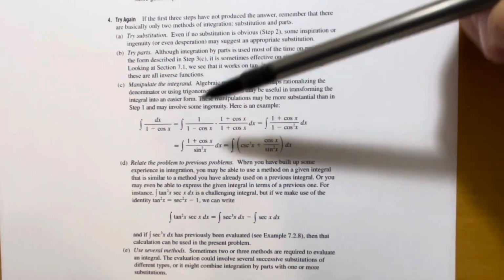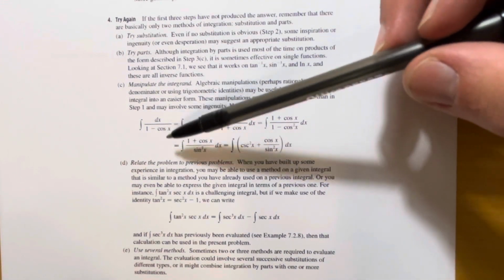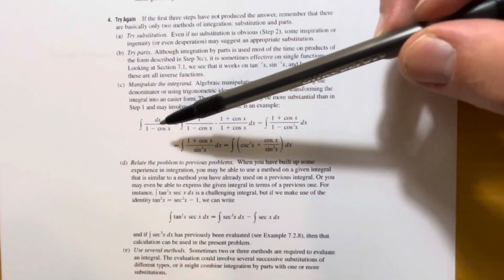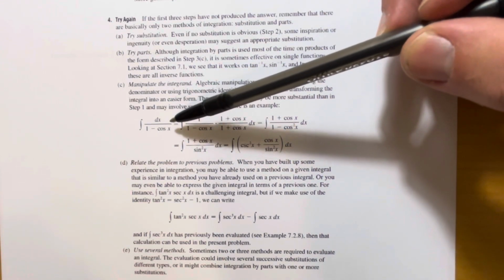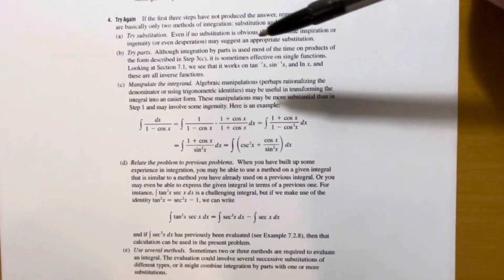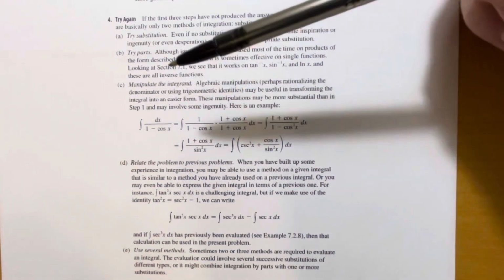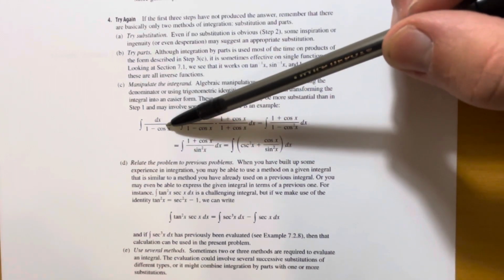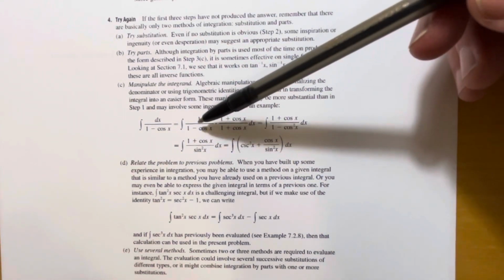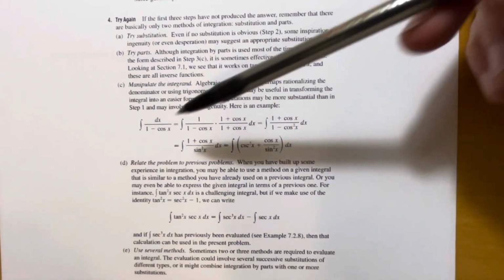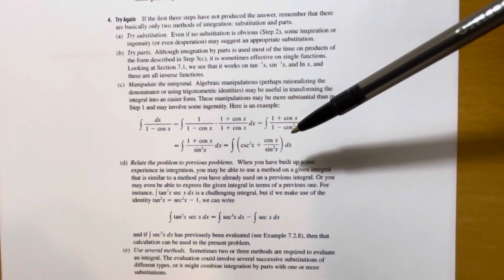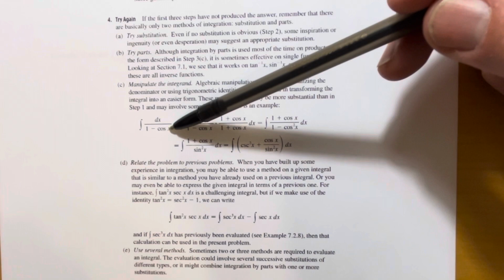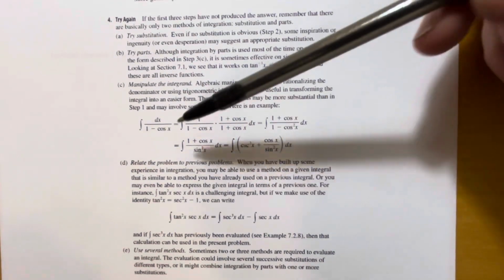So occasionally you may have an integrand that doesn't look too complicated as it is, but it's resistant to your integration techniques. So when we say manipulate the integrand, what we mean is do some kind of algebraic operation on it, which may make it more complicated looking, but the more complicated version of this integrand might be easier to integrate.